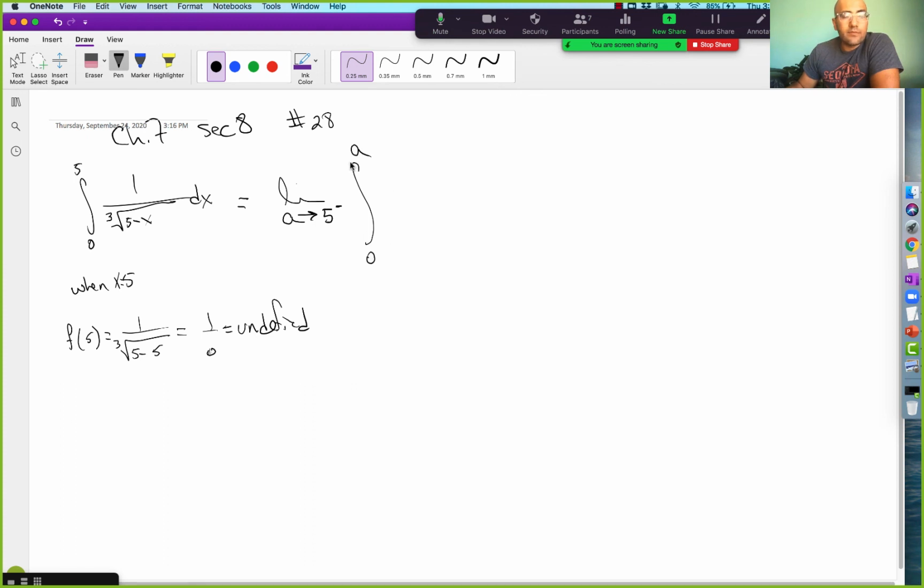And we want to integrate from 0 to A of 1 over the cube root of 5 minus x dx. Good. Well, that's kind of the hard part. The rest should be not too bad.